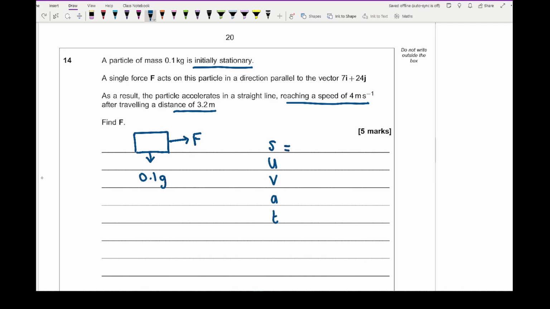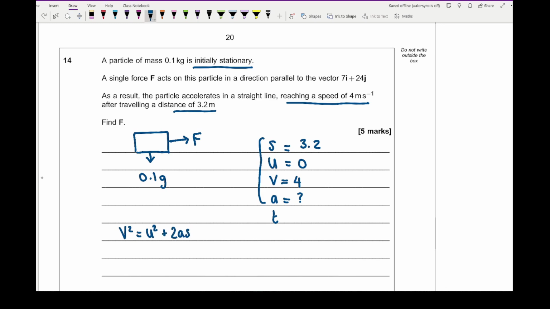So our s is 3.2, our u is 0, v is 4, and we want to work out acceleration. If we use the Suvat formula involving s, u, v and a, we're going to use v squared equals u squared plus 2as.